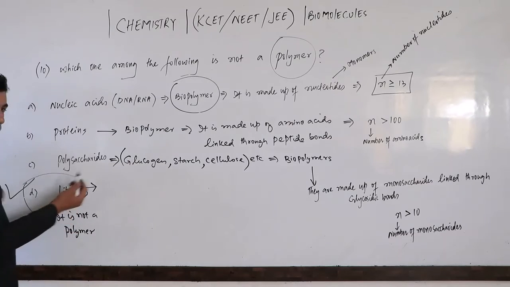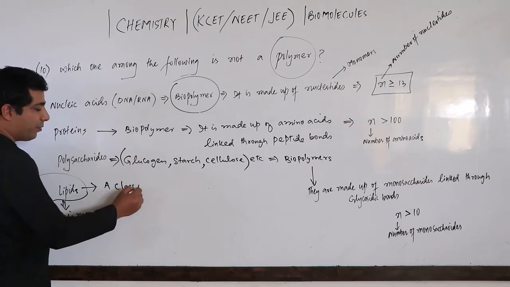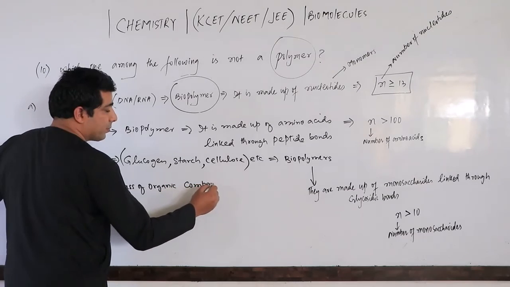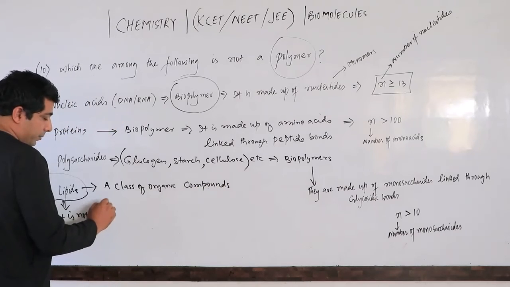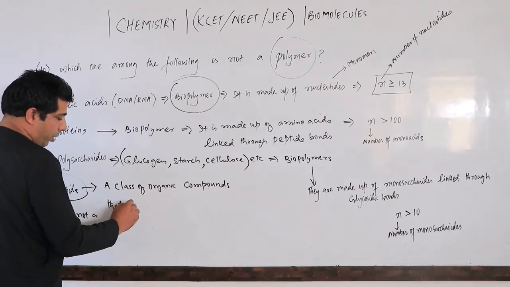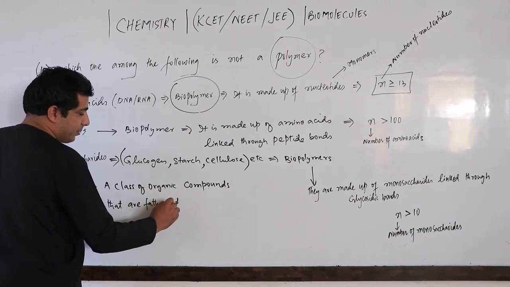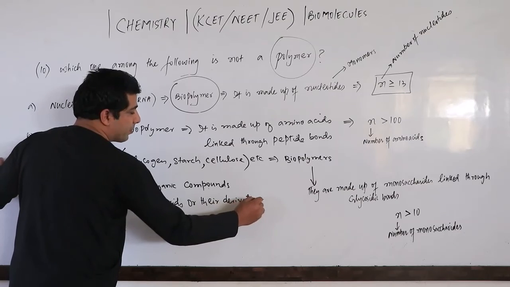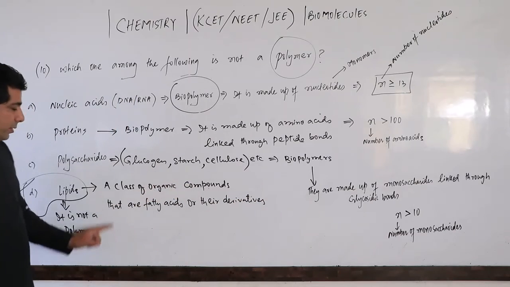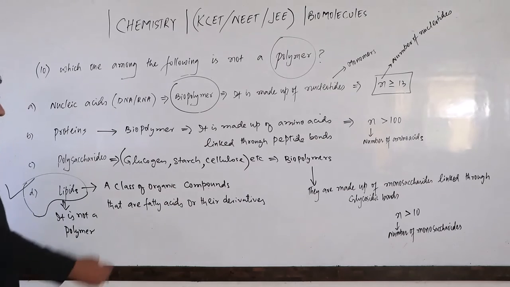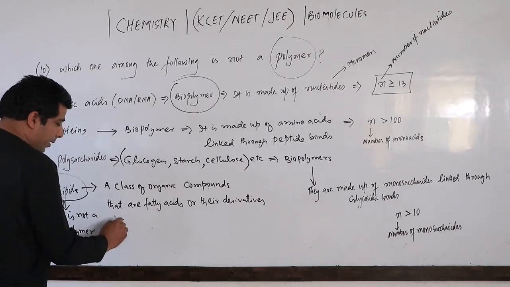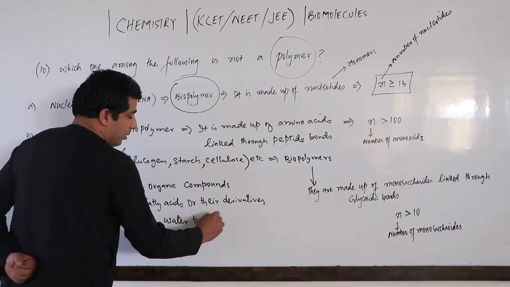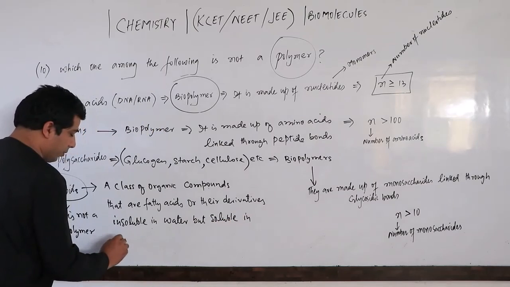Okay. If we say then what are lipids? Lipids are a class of organic compounds that are fatty acids or their derivatives, insoluble in water but soluble in organic solvents.